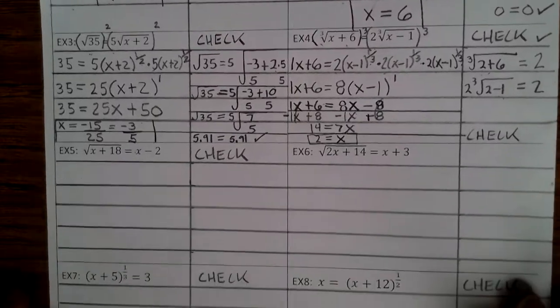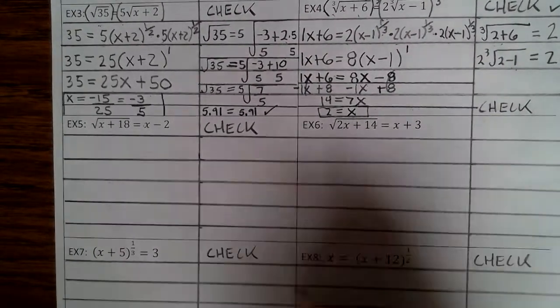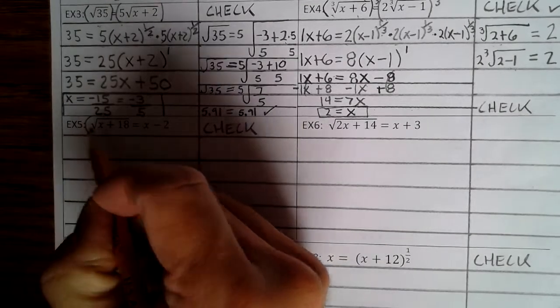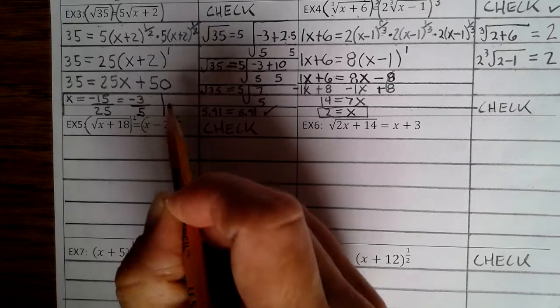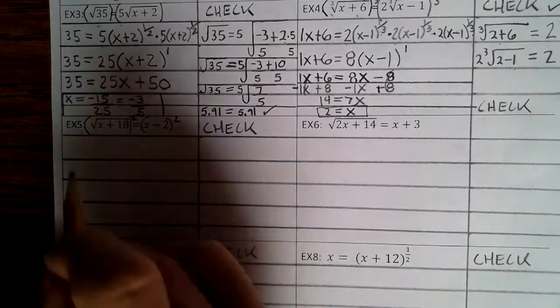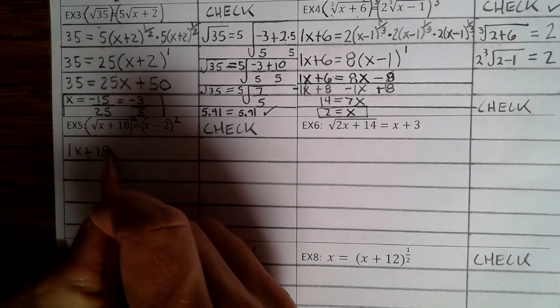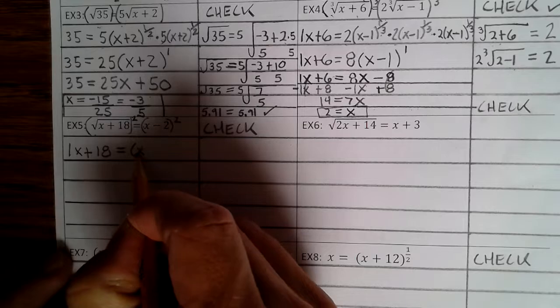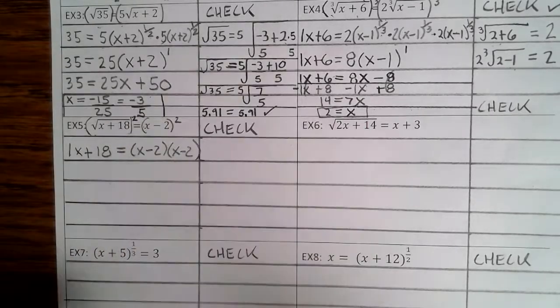All right, let's look at example 5. Okay. Now here, we're going to square both sides. Now, the square unsquares the root, so that's 1x plus 18, but then this is (x minus 2) times (x minus 2).